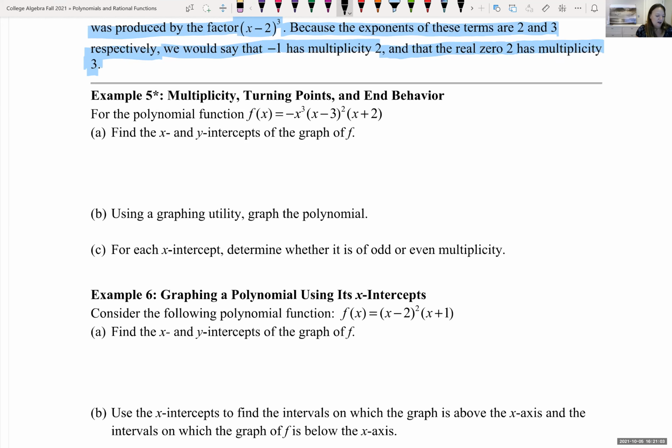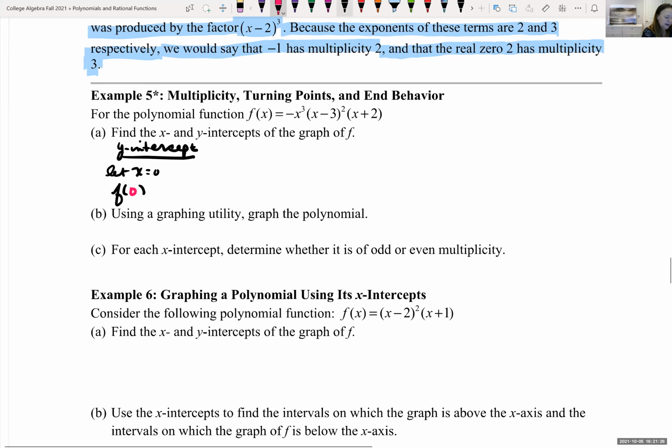Okay, let's do the y-intercept first, because that's probably the easiest one. So actually, no, it's not. But let's do it because I said. So y-intercept, this is where we let x equal 0. A way we could write that in function notation, we're looking at f of 0, right?